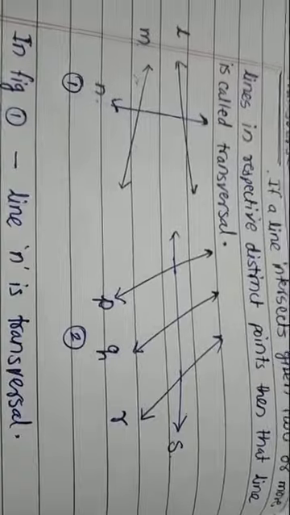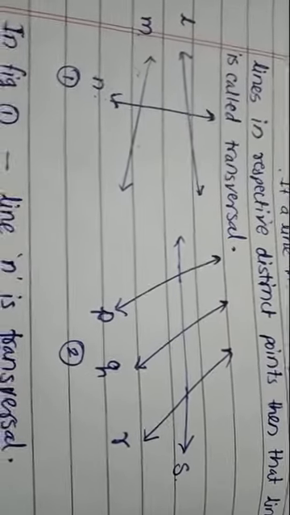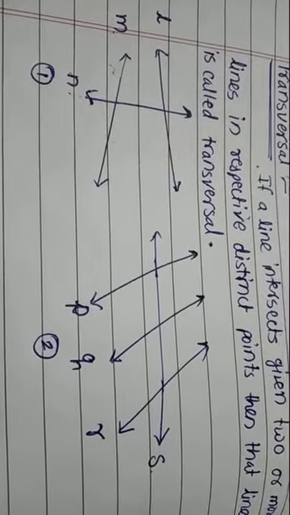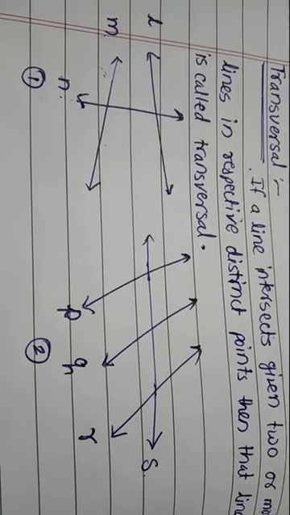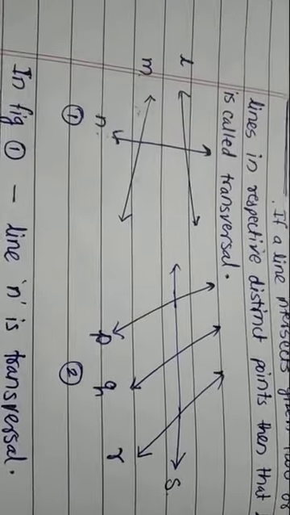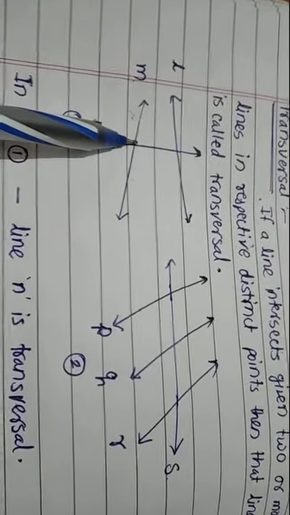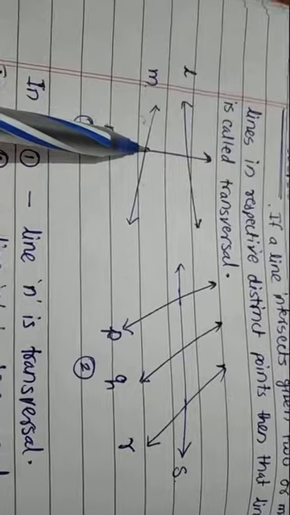Okay. So next, as I told you, in grade 7 you have studied the intersection of two lines. It makes 4 angles. And you have studied one type of angle, that is vertically opposite angles. So now we are going to discuss, when two lines are intersected by one line, how many angles get formed.